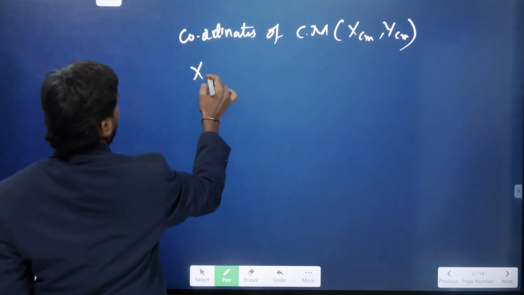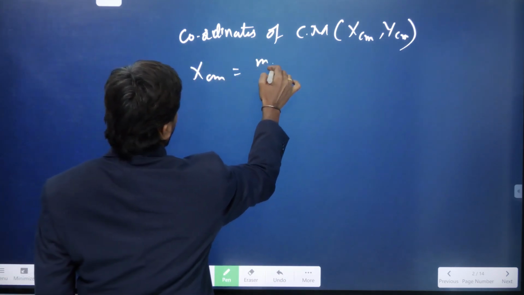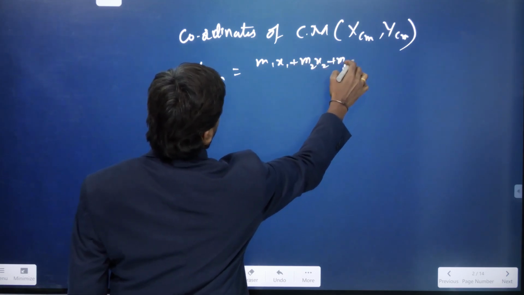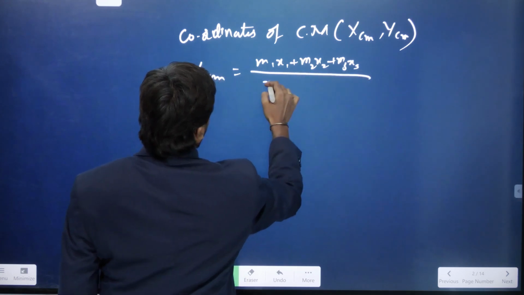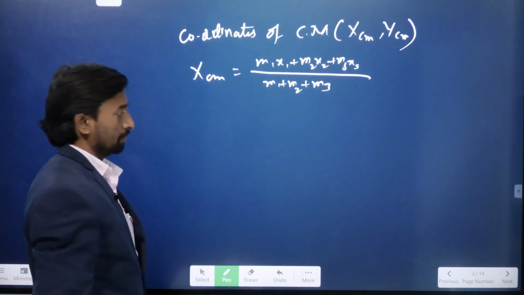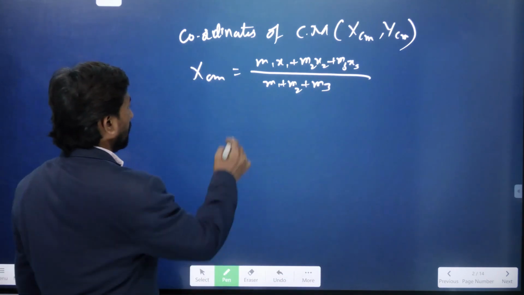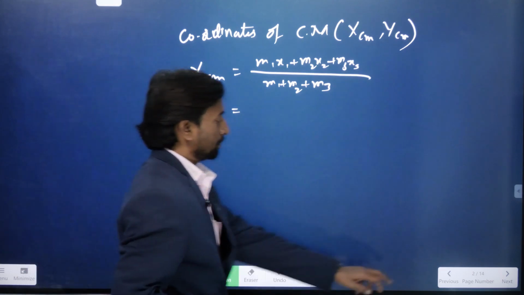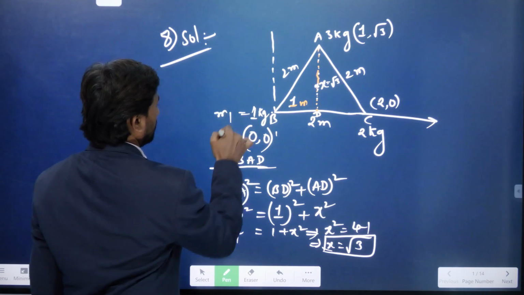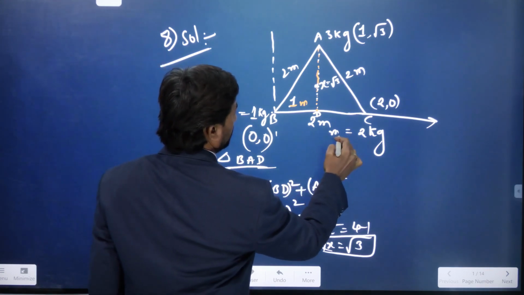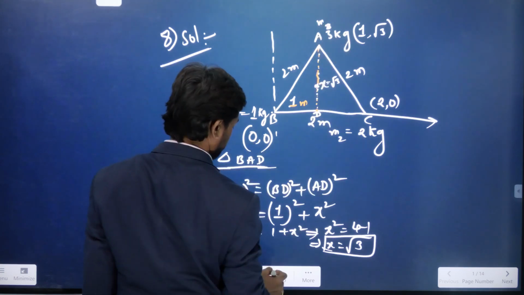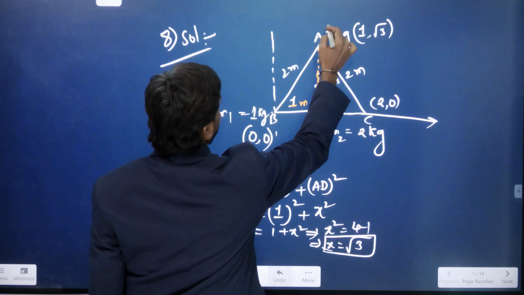So the xcm formula we know: xcm is equal to m1 x1 plus m2 x2 plus m3 x3, divided by m1 plus m2 plus m3. Okay, that is the formula. Now here we should write the m1 value. This is m1, this is m2 and this is m3.